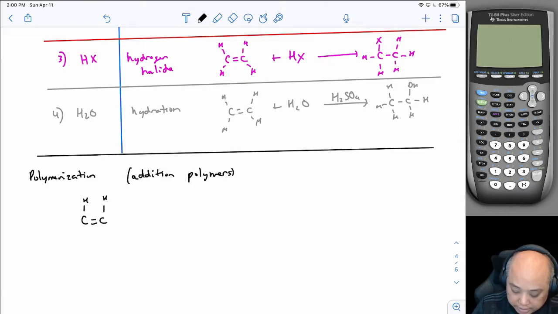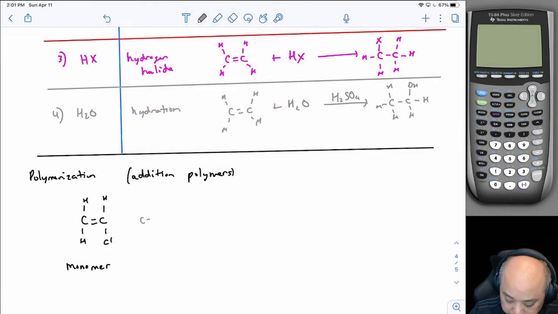And so they might give you a monomer like this, one single molecule that is used in the polymerization process.